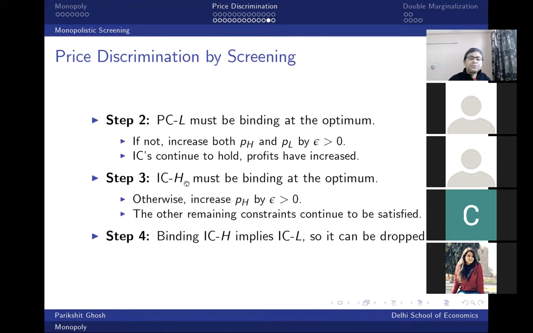Okay, so these two inequalities are binding, and as a last step, we can show that if these two are binding, the incentive constraint of the low type will be automatically satisfied. So that becomes a redundant constraint.